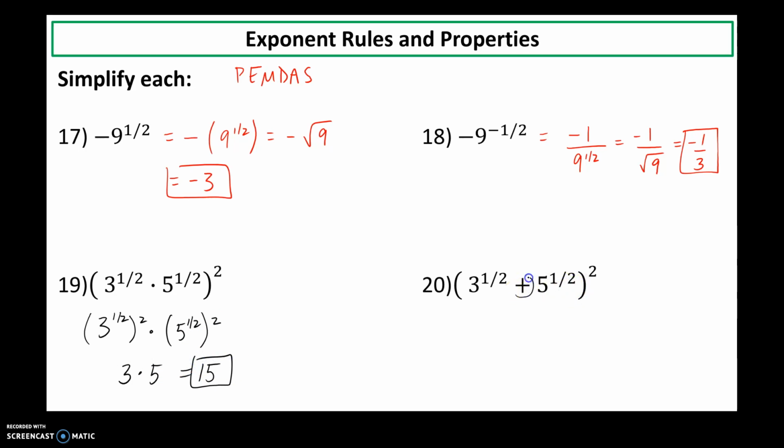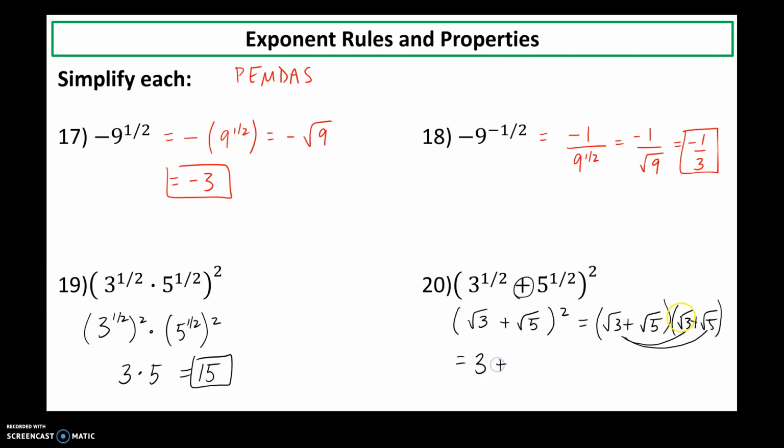Now on this one, because I have the plus sign here, I cannot distribute this exponent. So I'm going to rewrite this as the square root of 3 plus the square root of 5, quantity squared. When I'm squaring a binomial, that means I'm multiplying it by itself. So first, square root of 3 times square root of 3 would give you just 3.